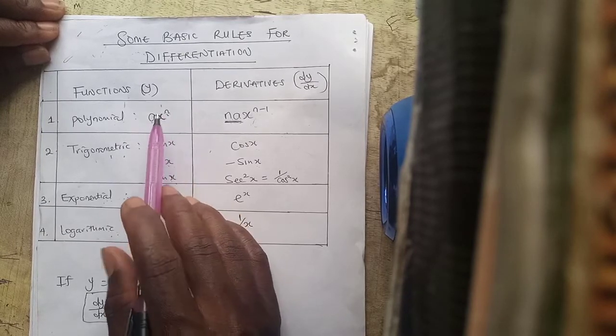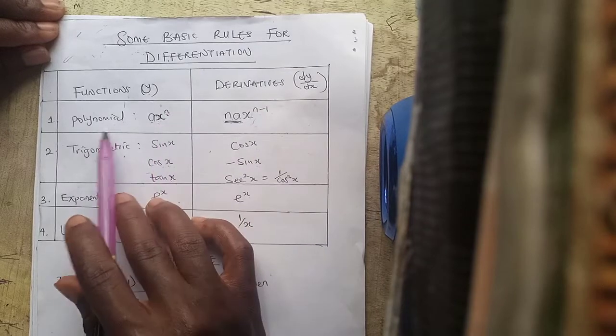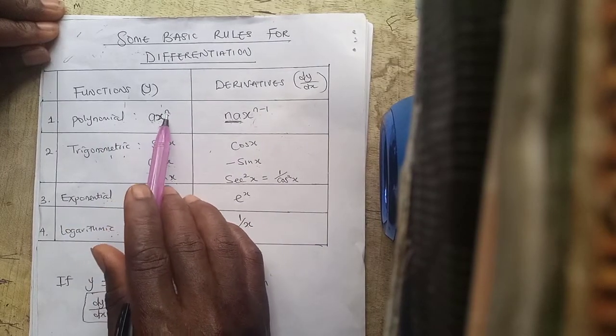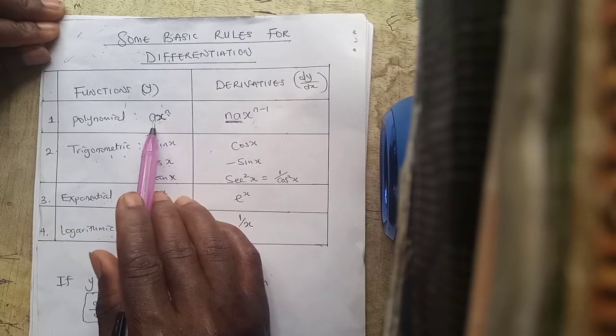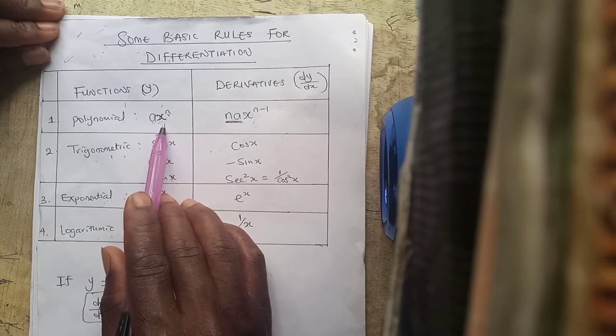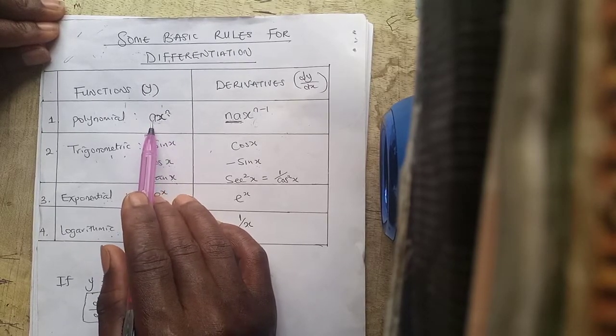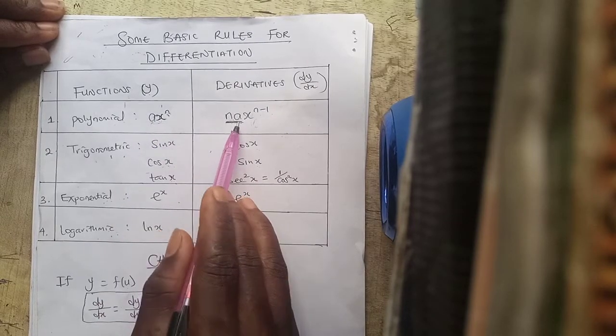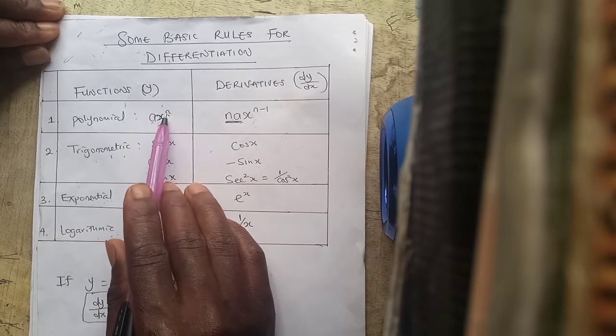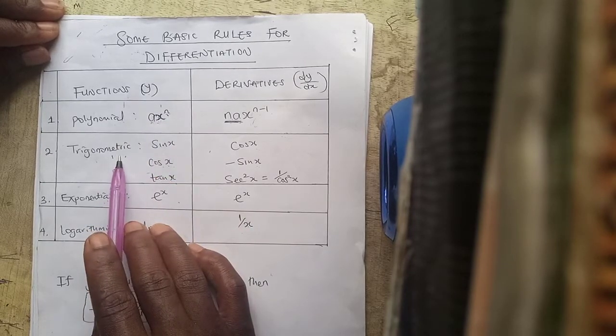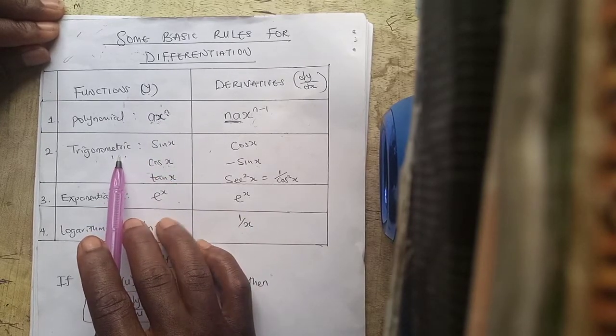Let me come again. This table is telling us that if we have a polynomial function of the form ax raised to power n, if we want to differentiate this form with respect to x, we are going to use this exponent to multiply our coefficient a so that we have na, and we are going to reduce the exponent by 1.